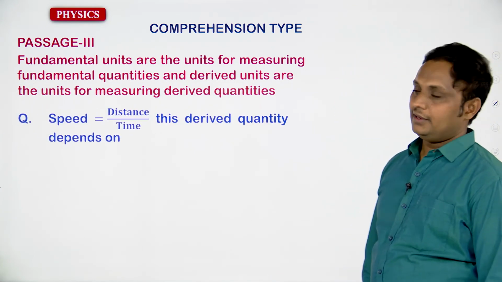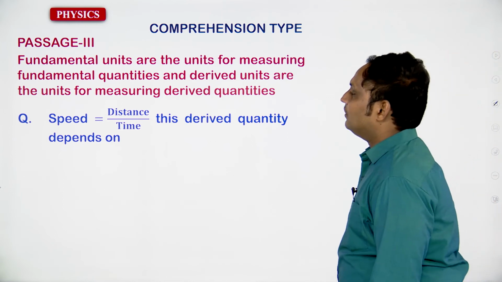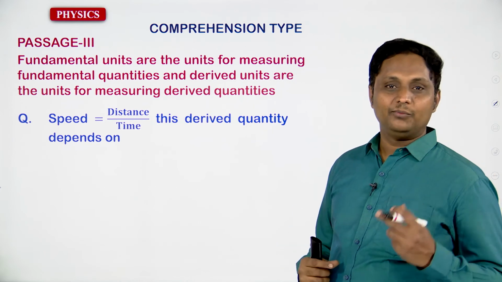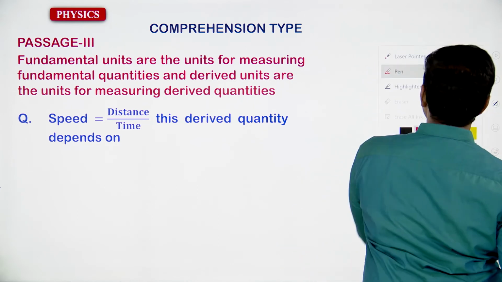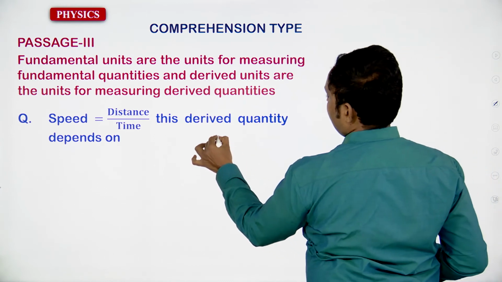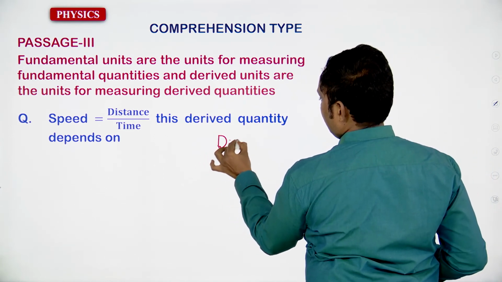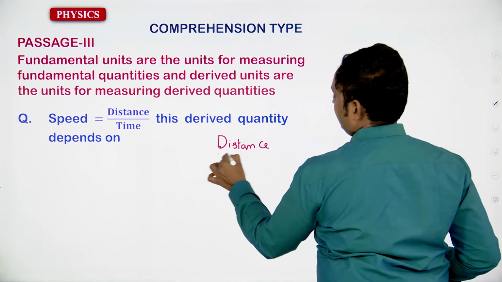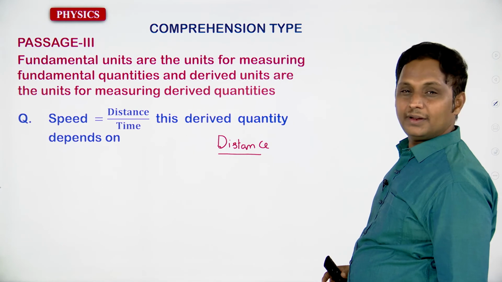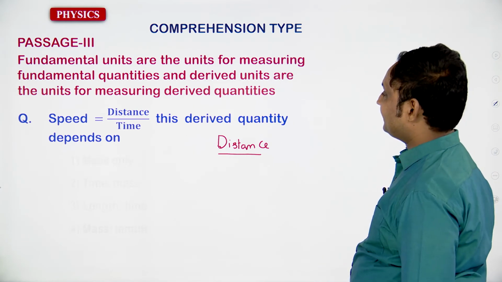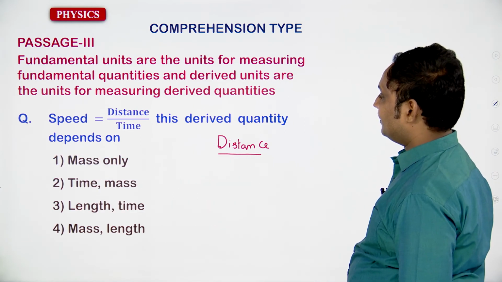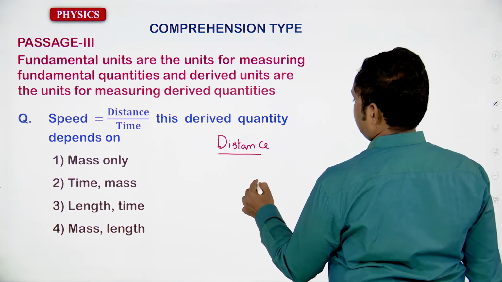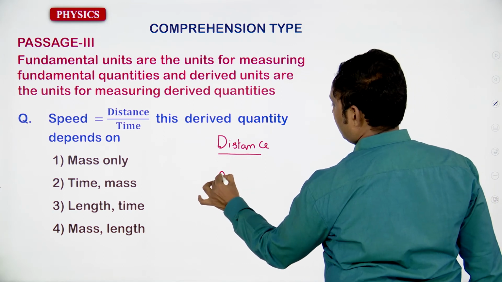Okay, it's very simple. They have given speed. Speed is equal to distance by time. While you are talking about distance, you have to take that actual path.